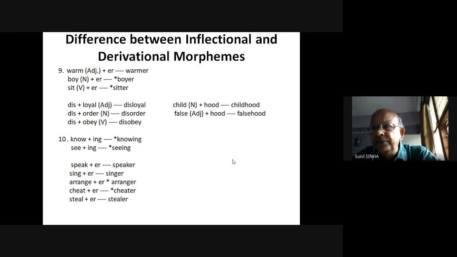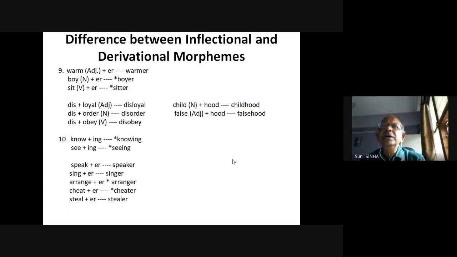But when we think of derivational morpheme, then what we find is that the derivational morpheme can be added to only a very few words of that group. And I have given you, take for example, ment.